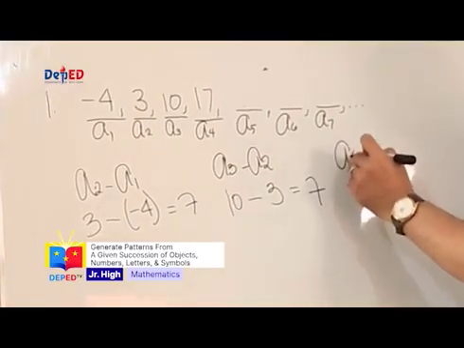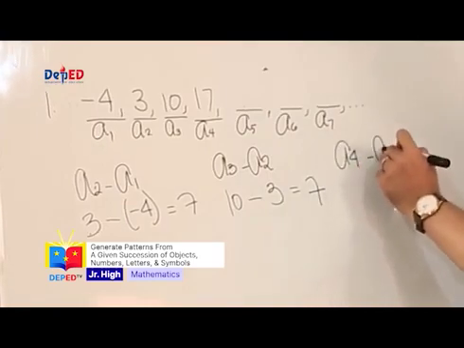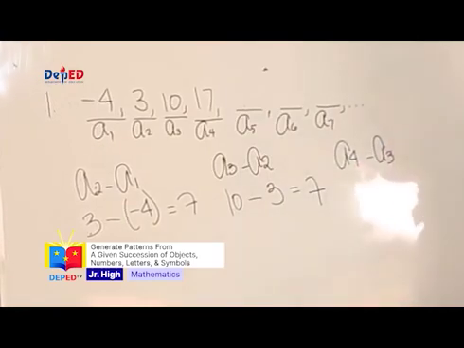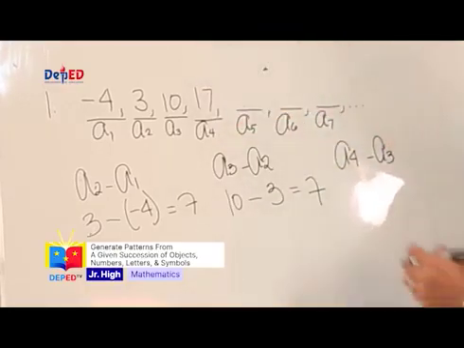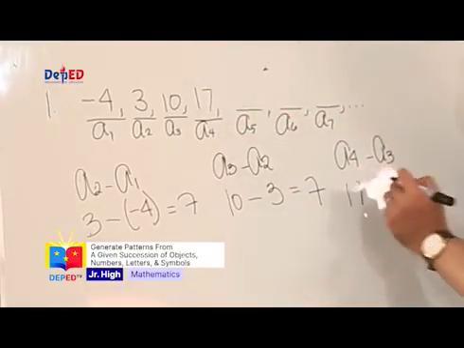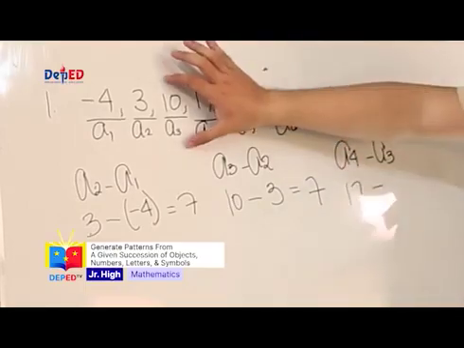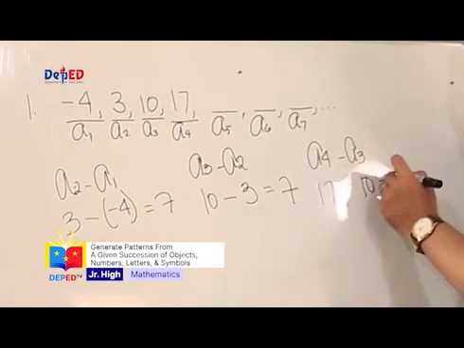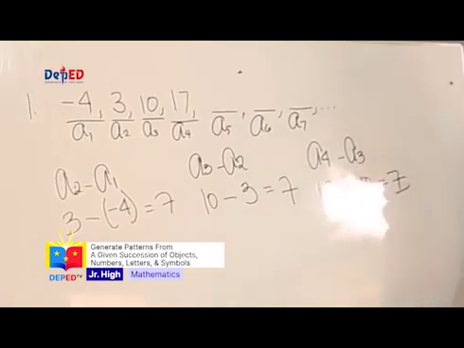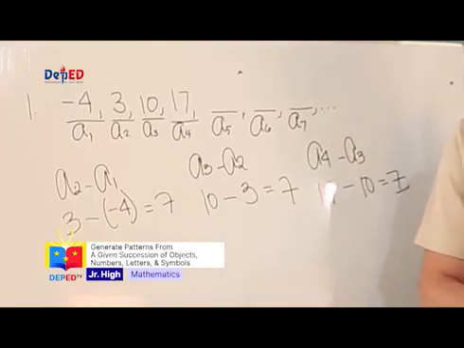That's a sub 4 minus a sub 3. Our fourth term is 17 minus our third term, which is 10. Their difference is 7. Because there is a common difference between consecutive terms, the sequence is arithmetic.